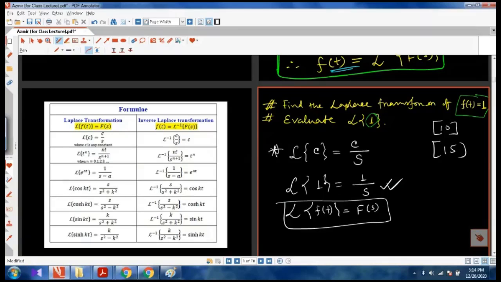But if the question is like that, find the Laplace transformation of f of t by using the definition, or evaluate Laplace transformation of 1, f of t is equal to 1. So evaluate the Laplace transformation of 1 by using the definition.